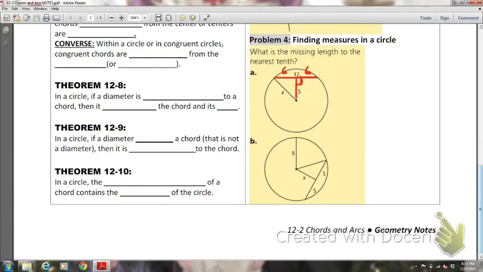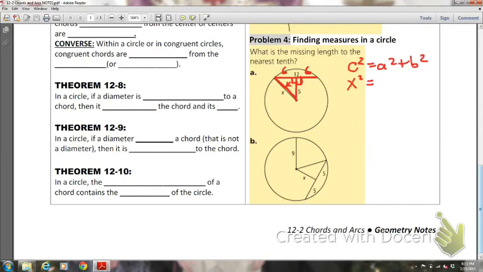So now you have a right triangle that you can calculate the hypotenuse of. So use your Pythagorean theorem. C squared is a squared plus b squared. Your hypotenuse is the x. It's opposite the right angle.